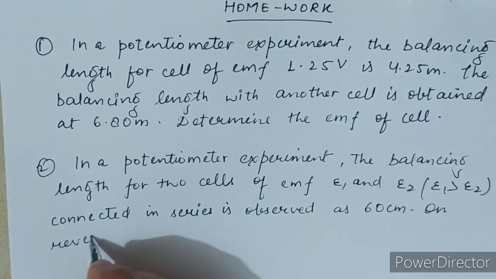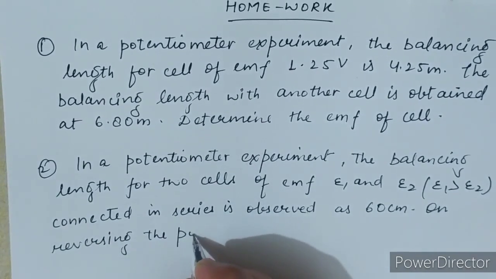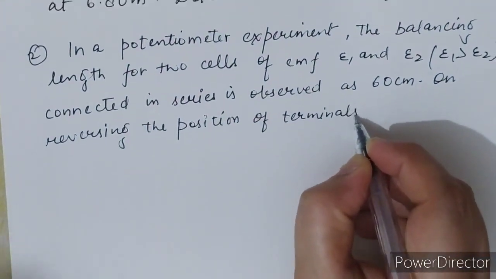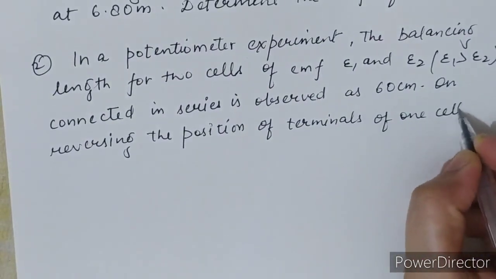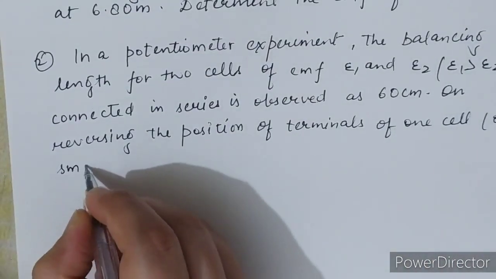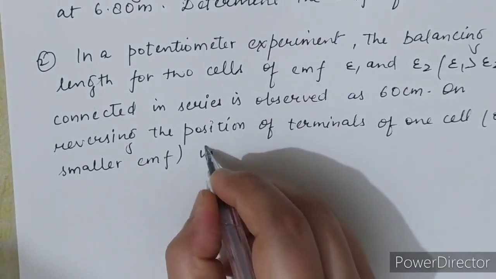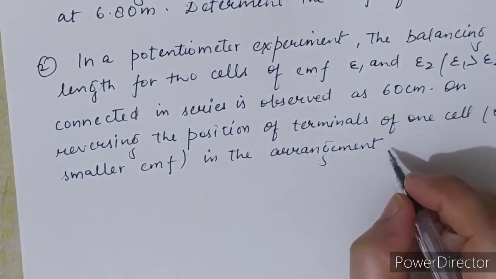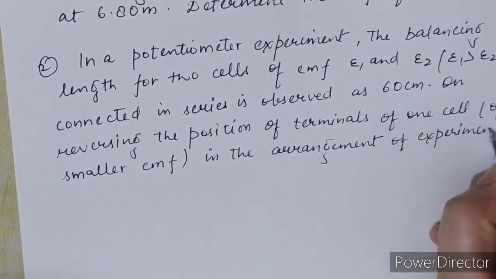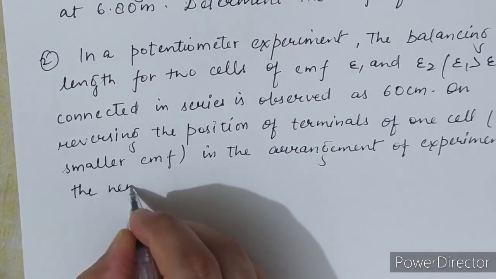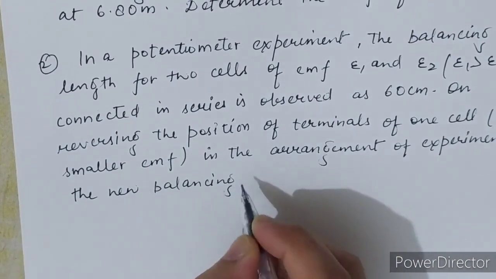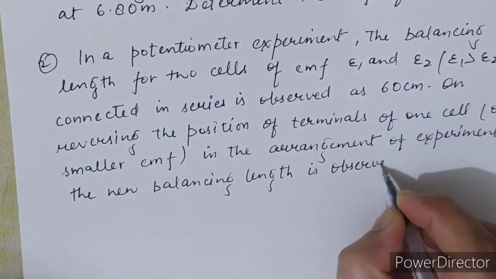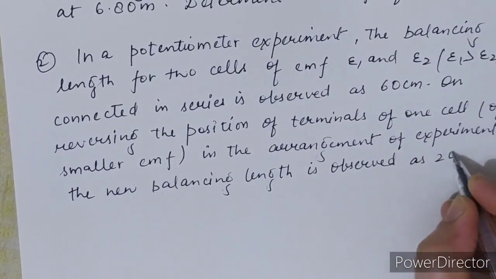On reversing the position of terminals of one cell of smaller EMF in the arrangement of the experiment, the new balancing length is observed as 20 centimeter.